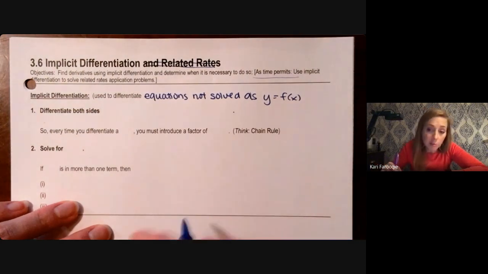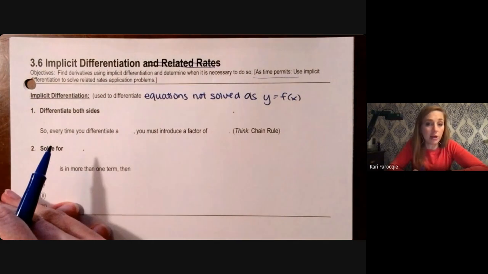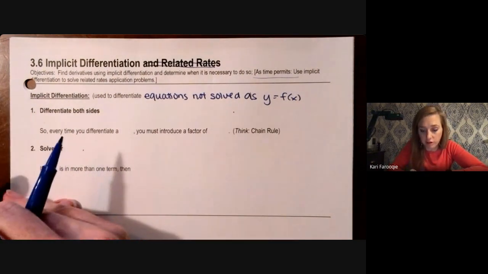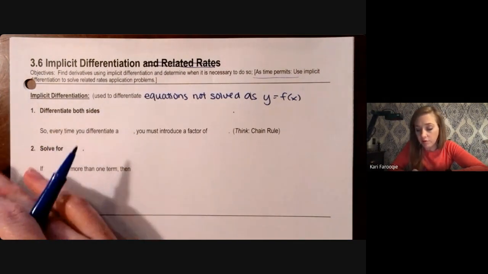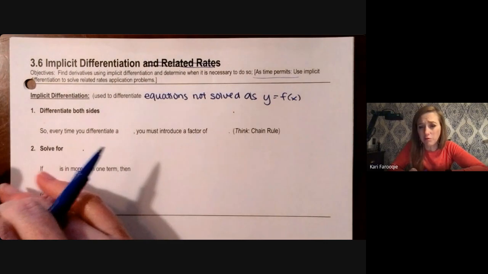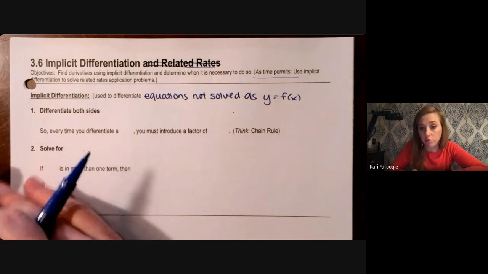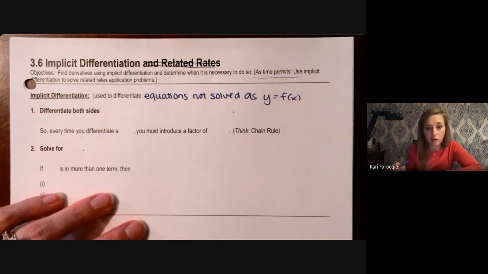And some of them, maybe it's possible that you could solve them for y and then just use your normal differentiation techniques to take the derivative. However, in some cases, it's going to be very, very, very hard for you to solve for y, and you're just going to want to take the derivative implicitly. So I'm going to teach you how to do that.